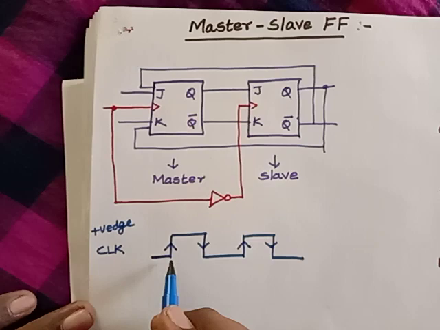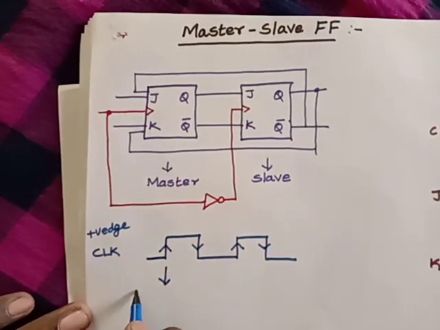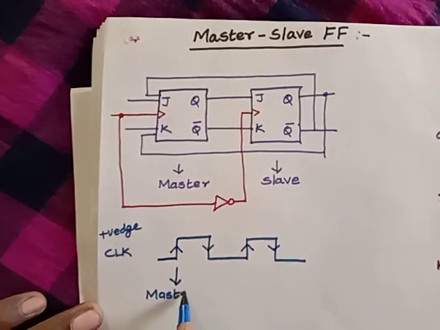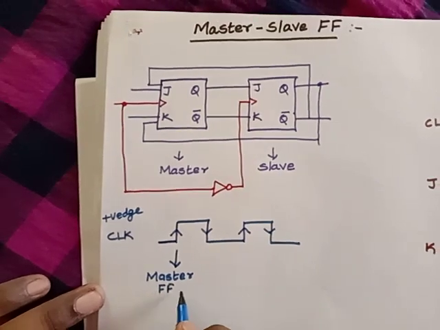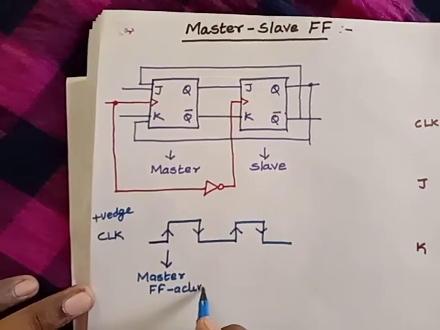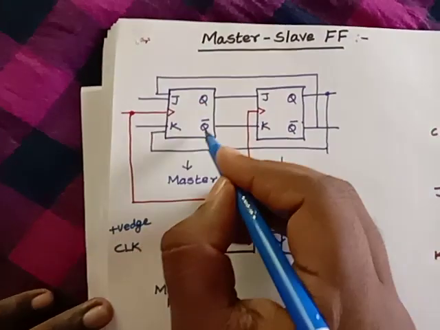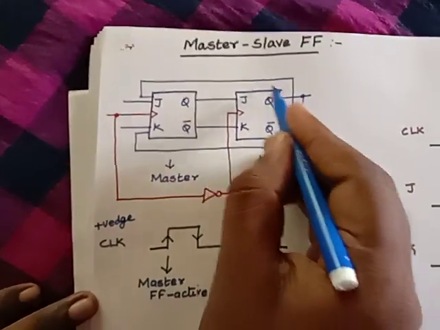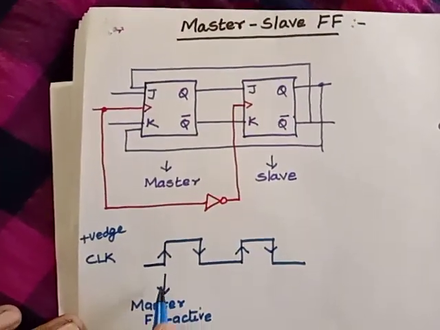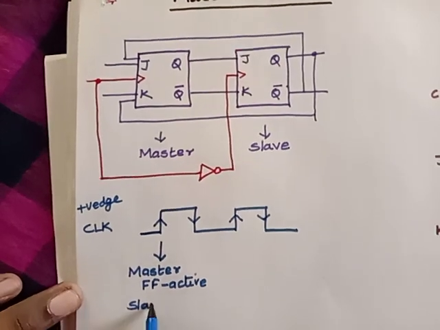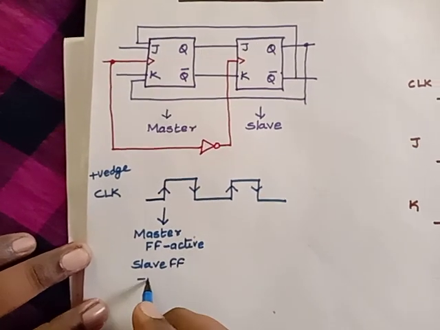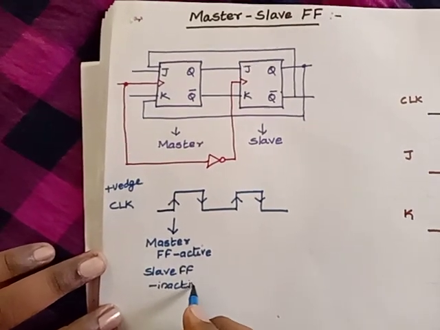Now at this positive edge, your master flip-flop will be working. Your master flip-flop is active. That means this flip-flop will be working, but this flip-flop will not be working. So at this point the master flip-flop will be active and the slave flip-flop will be inactive, correct?